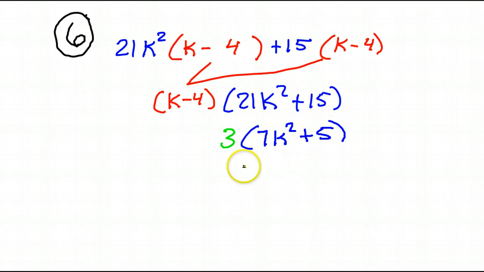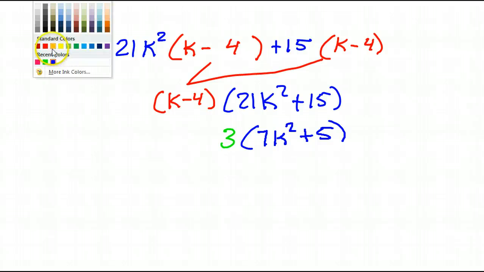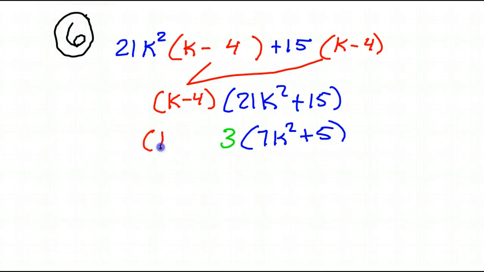Look familiar? Now I've still got this k minus 4 thing happening, so I could bring that down. I'm just trying to keep everything in the same order for a second so you can easily follow where everything came from. But really, it's more traditional to put the constant factor in the front, so let's just swap these around.